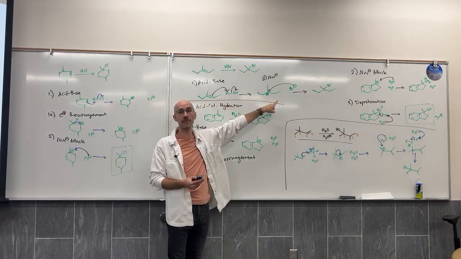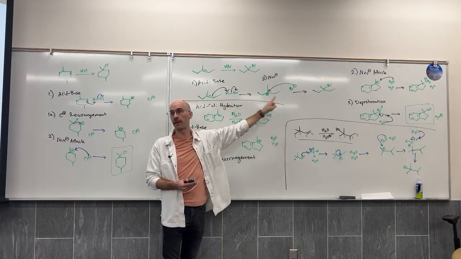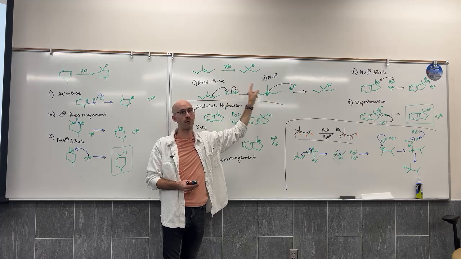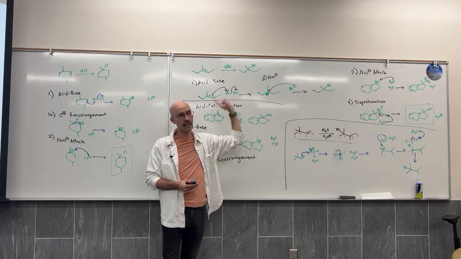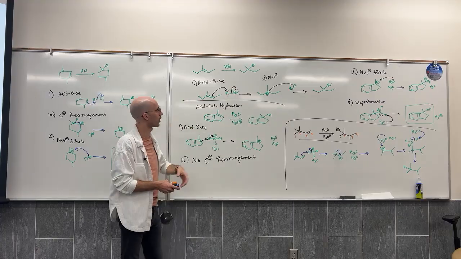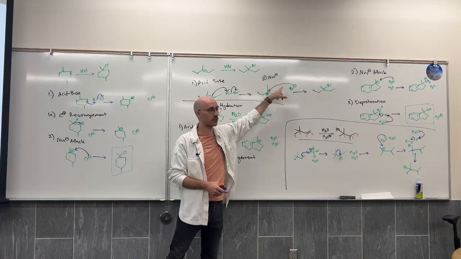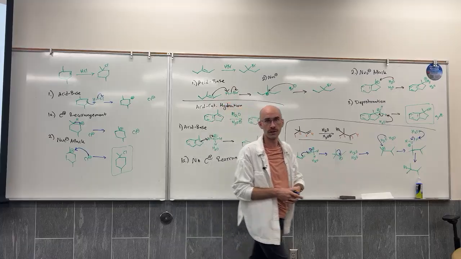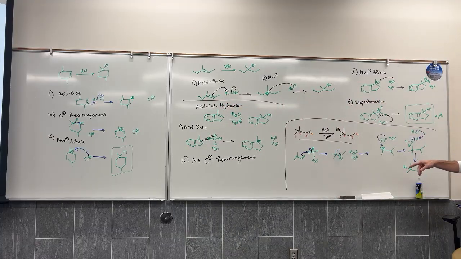This was only a 2-step mechanism, so that might be 1 point, that might be 2 points, that might be 4 points. 2 steps, so I'm going to base the number of points off of that. And then I'm looking for, do your structures agree and do your arrows agree? Here I've got 4 steps, so that's a 4-point mechanism, a 2-point mechanism, an 8-point mechanism.